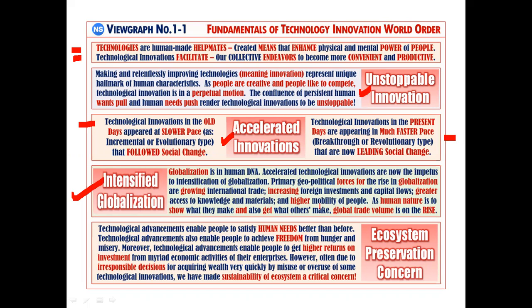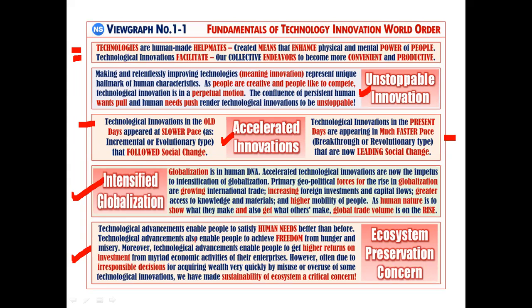So that's the main reason why globalization is happening. Good things, but everything is not necessarily so good, and that we have to keep in mind. Technological advancements enable people to satisfy human needs better than before.